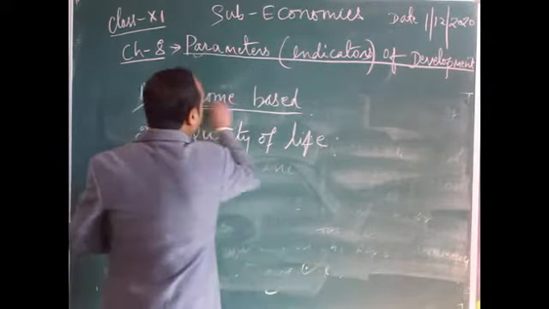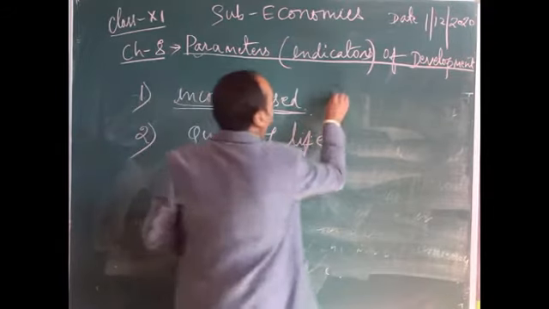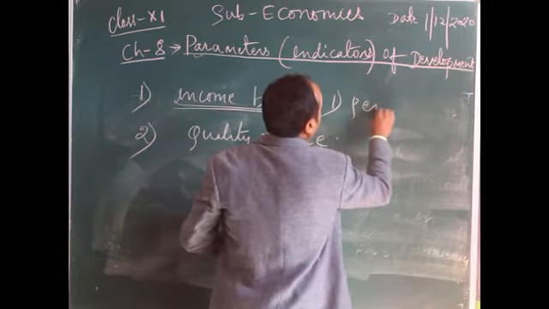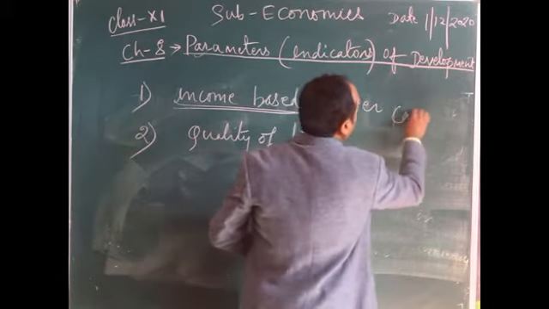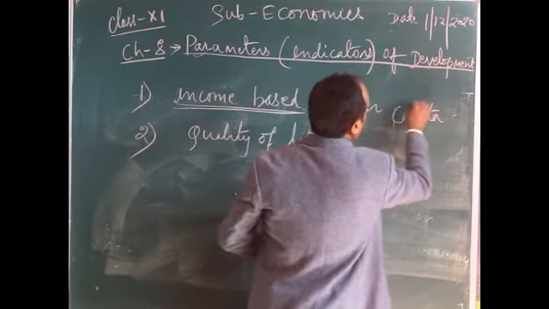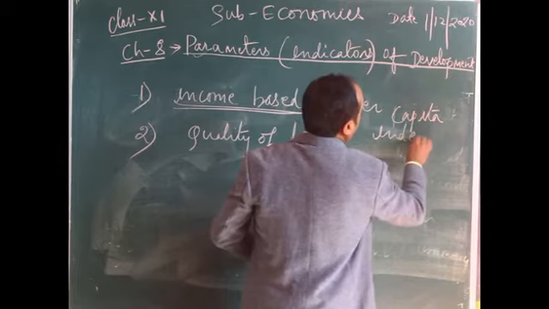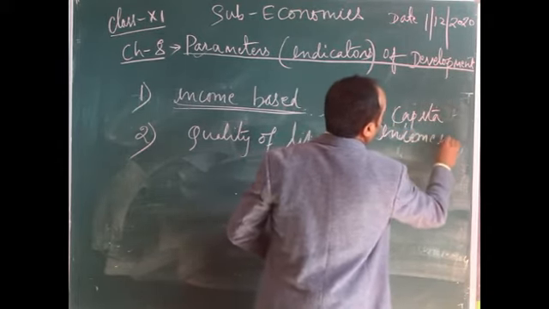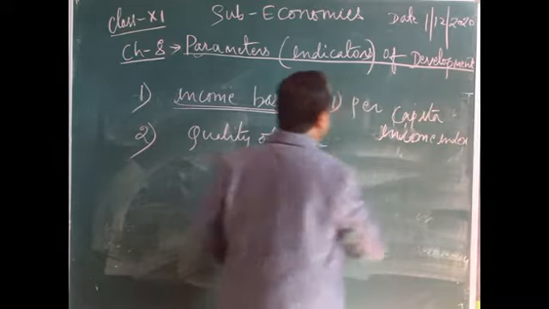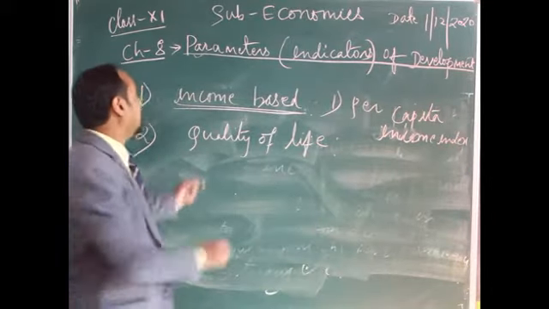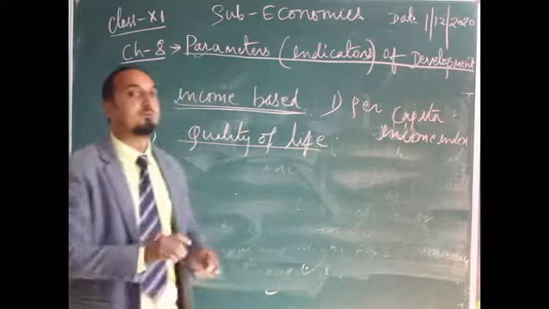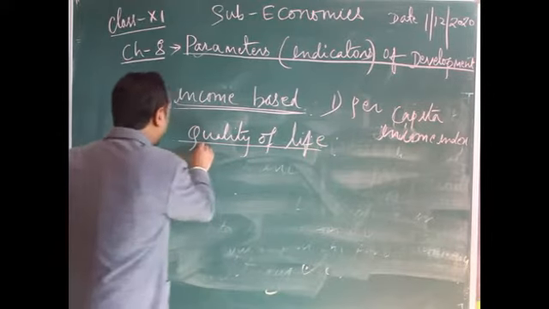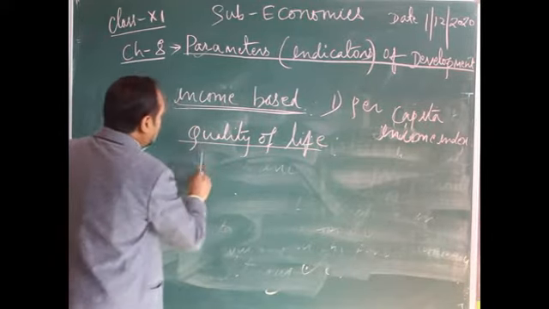In the case of the income based measure, we use the per capita income index. And in terms of quality of life, we use PQLI. Different methods are there.